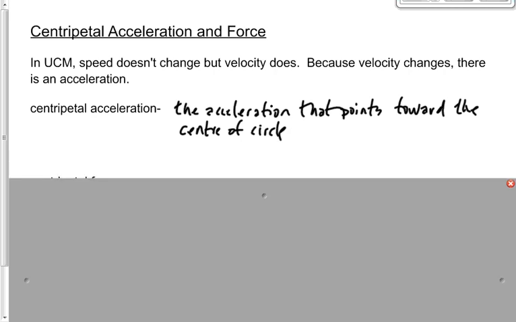If we have an object going around a circle like this, with a speed, I should say, velocity that's counterclockwise, the acceleration at that point will be this way. The acceleration at this point will be this way, this way, this way, this way, this way. The acceleration is always toward the center of the circle. That's what the word centripetal means. Centripetal means center seeking.